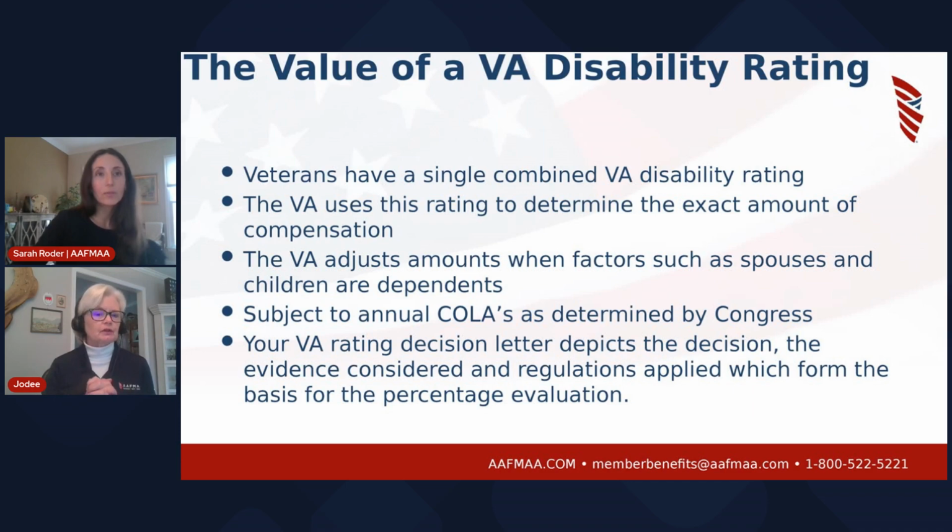So those are two very important steps in the VA disability rating scheme that afford more value for the veteran. Also, COLAs. Every year, Congress votes on a COLA for VA compensation. Typically, it's in line with the amount that they grant to Social Security recipients. So it's right along those lines.